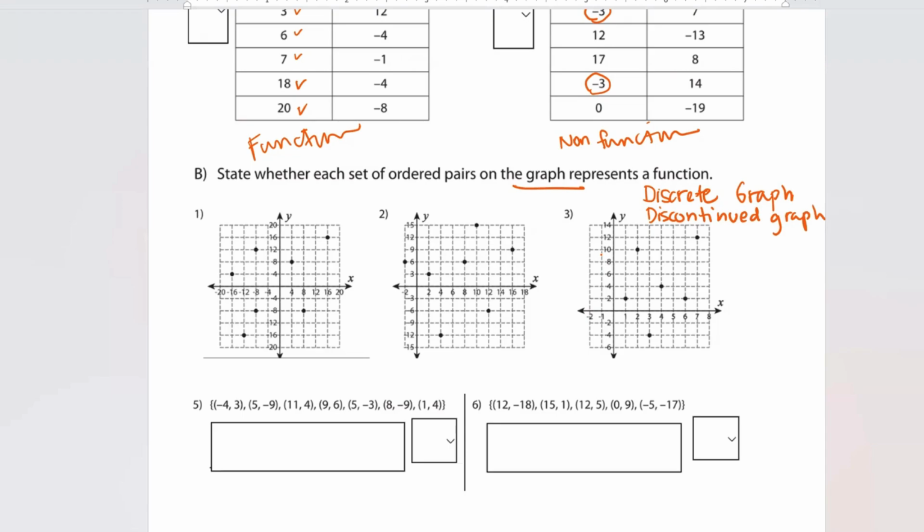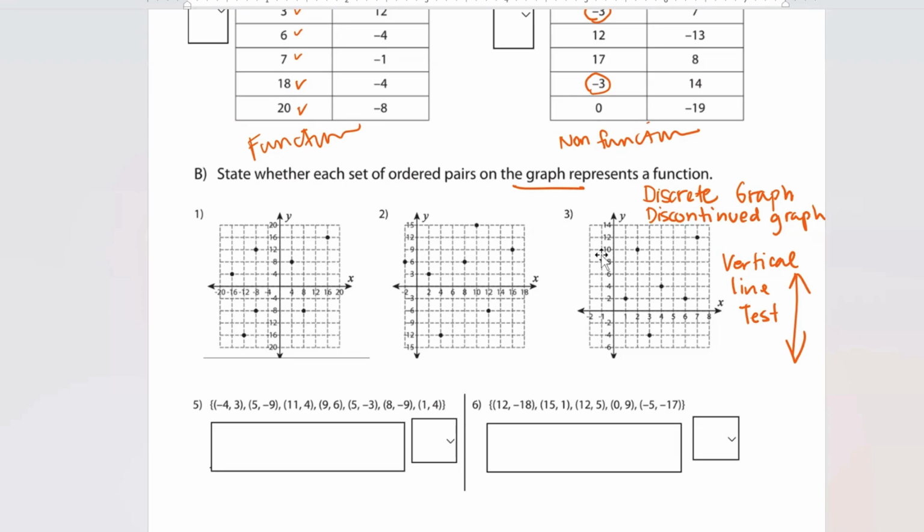Here we go. Now we're going to apply what we call the vertical line test. We're going to draw a vertical line on all dots, and then we verify: if the line hits twice or more than once, it's not a function. If the line hits the dot once, it's a function.